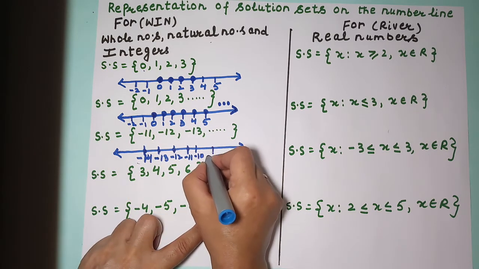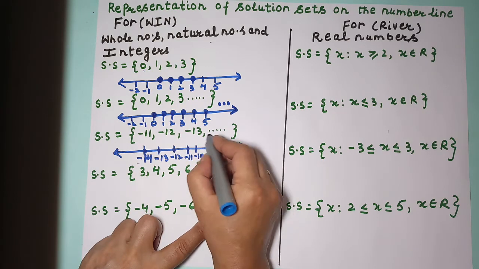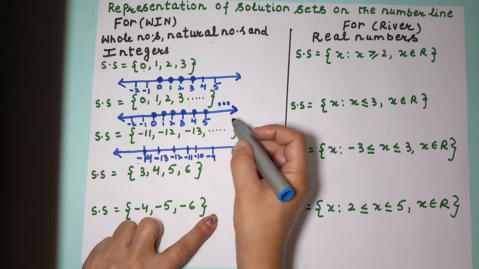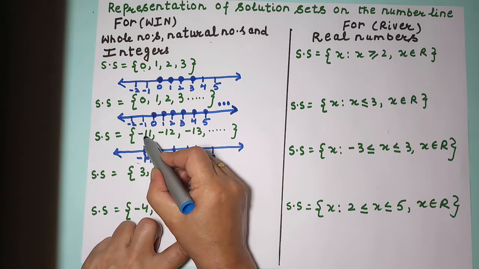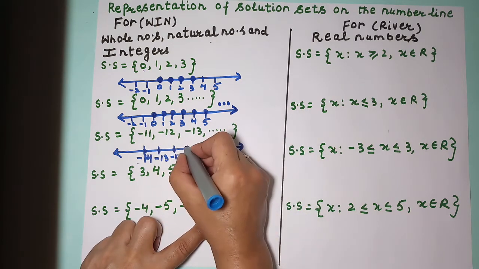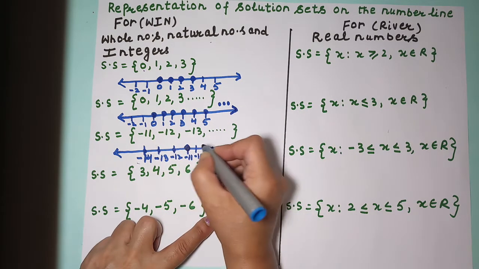And again, this is an infinite set. You see that there is no end point. The starting point is -11. So we will go to -11 and put a dark circle here.